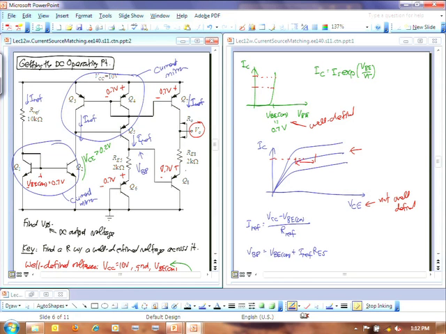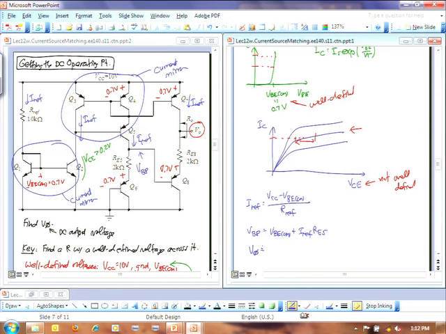And so I can finally write that the voltage V naught at the output is going to be equal to VB8 plus this voltage, which is a VBE on, plus the voltage drop across RE8, which is now IREF times RE8.